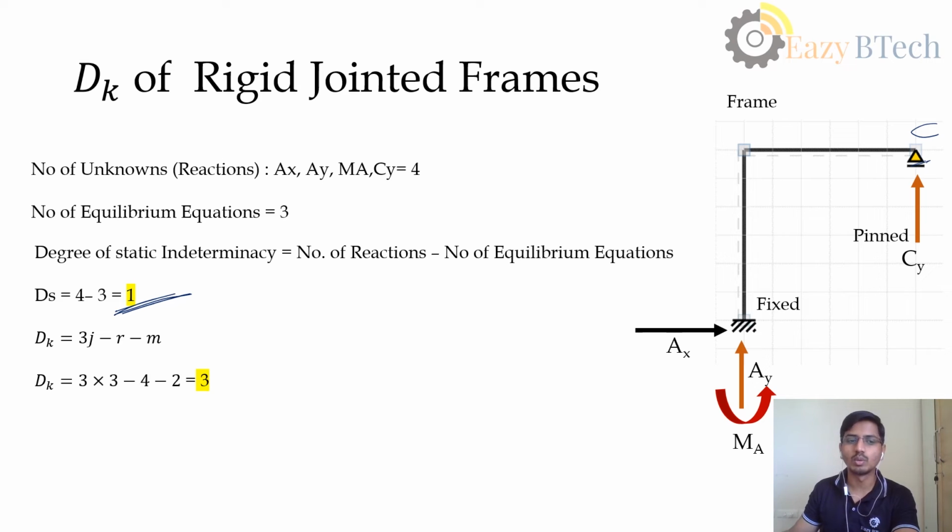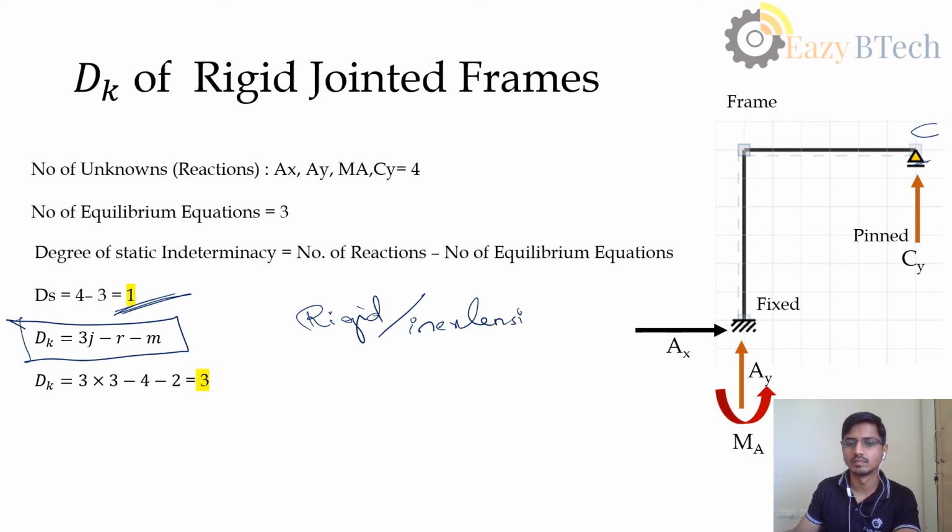And what about the degree of kinematic indeterminacy? This is the formula of the degree of kinematic indeterminacy. While solving all the problems, we assume that the frame is rigid or inextensible. Now we'll substitute this m here.